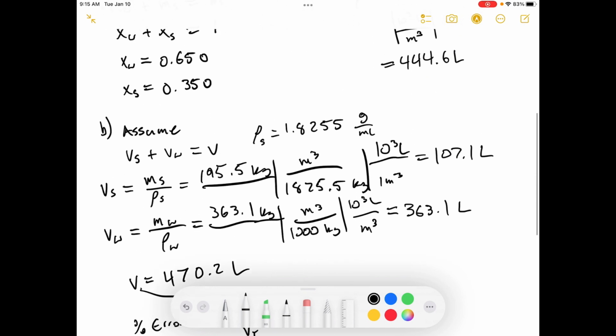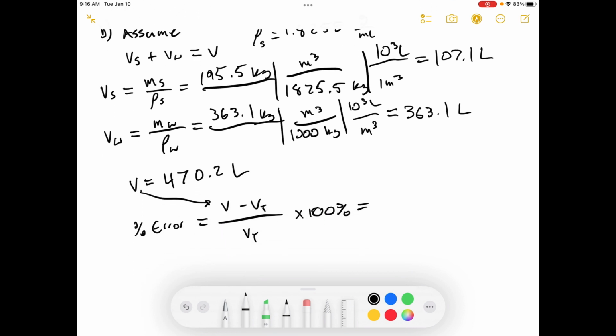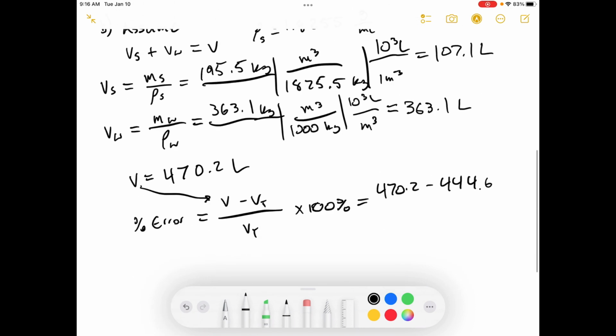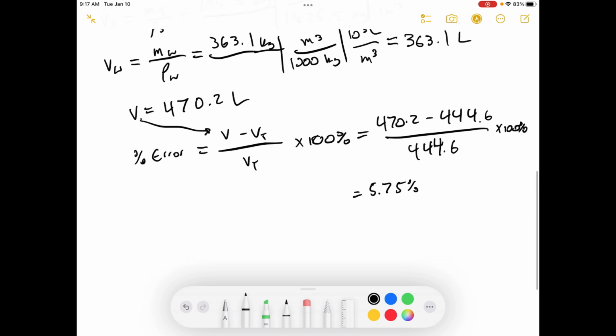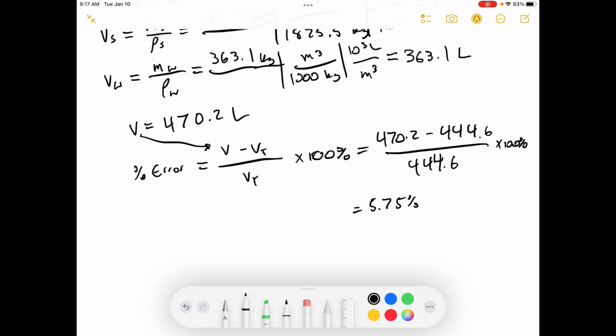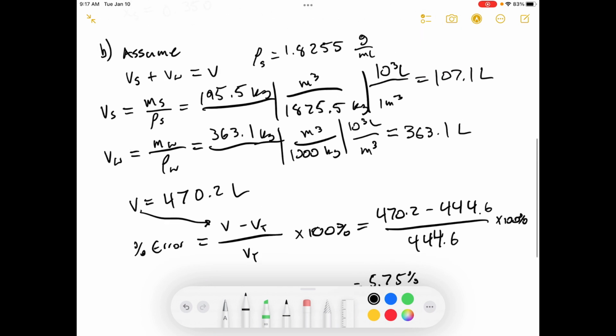And so that means the error is 470.2 minus 444.6 divided by 444.6 times 100%, and that equals 5.75%.